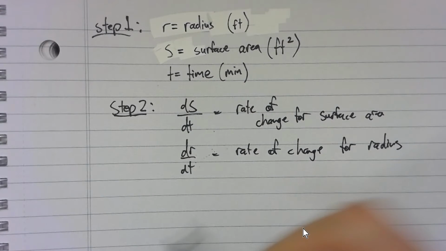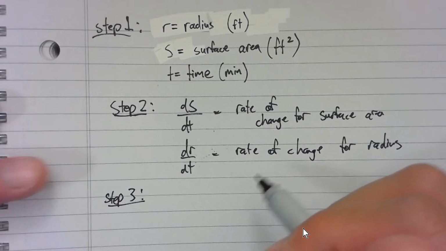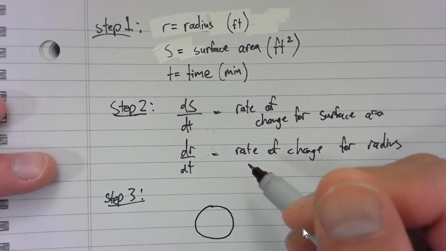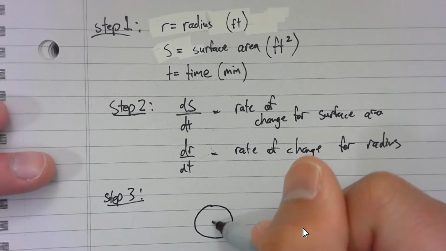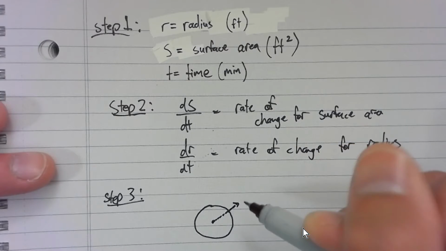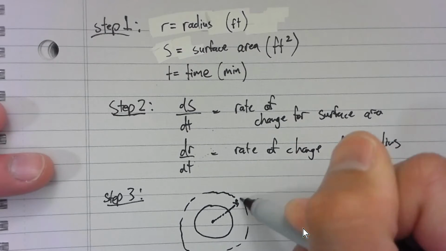Step 3 will be a picture. It's a little harder to convey, but again, you have a sphere here, a spherical balloon, and slowly the radius is growing out to a bigger spherical balloon.